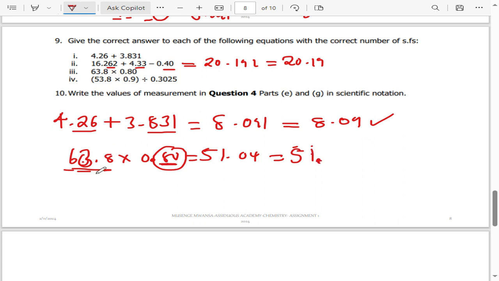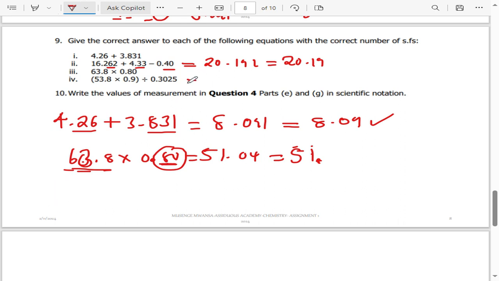And then for the other one here now, we are first multiplying 53.8 times 0.9. The answer that we get, we are dividing it by 0.3025.